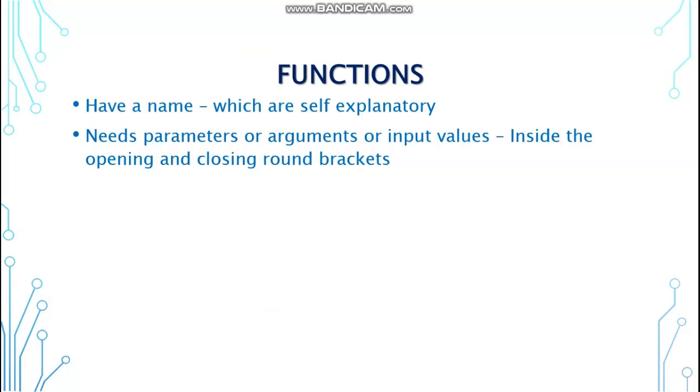These are the things we need to understand here. Depending on the function, the number of parameters would change. Some might need 2, some 3, some 5. The type of values to enter in these parameters would also change.